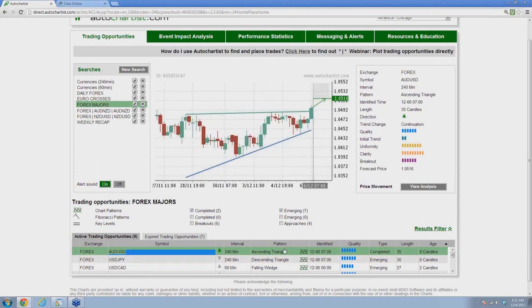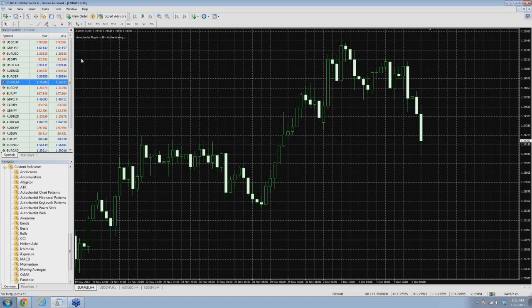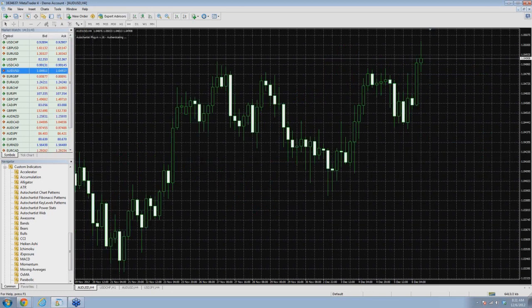So when you have all these opportunities listed, now you can go back to MT4 and say, okay, Australian dollar, US dollar is beginning to break out to the upside. You can go to your chart here and drag it on. It's a 240-minute chart.